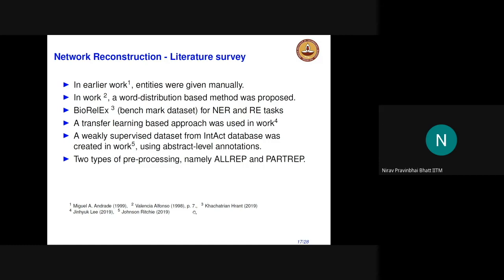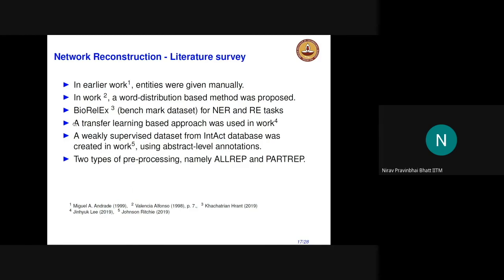In the last couple of years, pre-trained language models have provided a huge impetus to many research areas in natural language processing. In this particular case, we are interested in looking at biological literature, using this pre-trained model and adapting it to biological literature for the task of network reconstruction from this data.